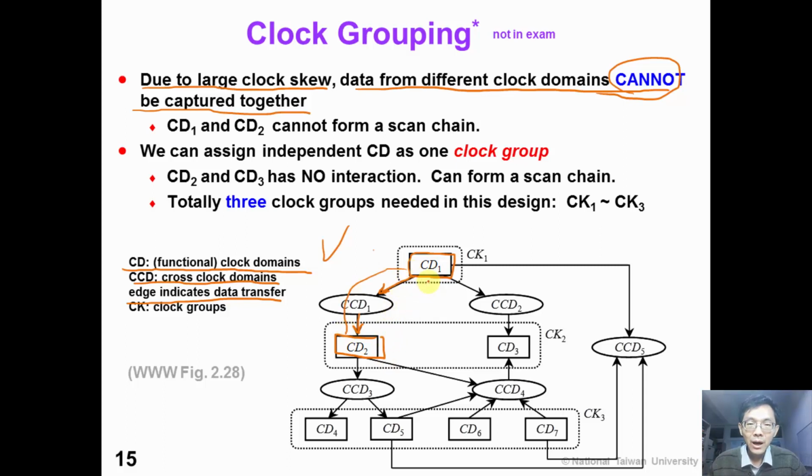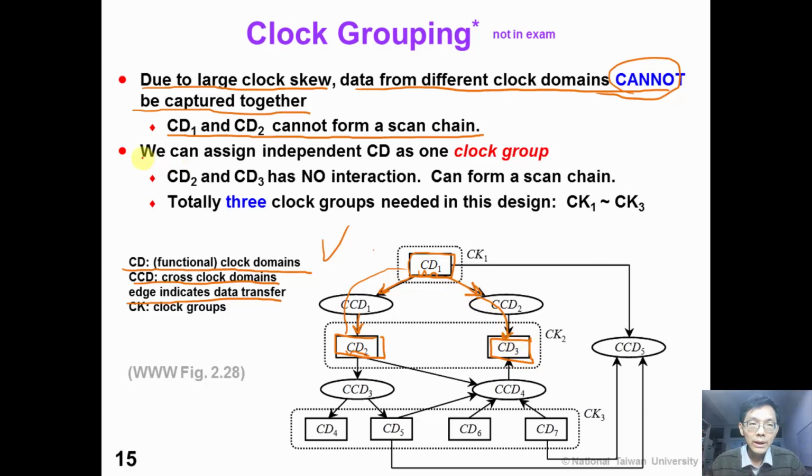Because there is large clock skew between CD1 and CD2, CD1 and CD2 cannot be stitched in a single scan chain. We need to separate them in different scan chains. Similarly, we have data transfer from CD1 to CD3. So CD1 and CD3 cannot belong to the same scan chain.